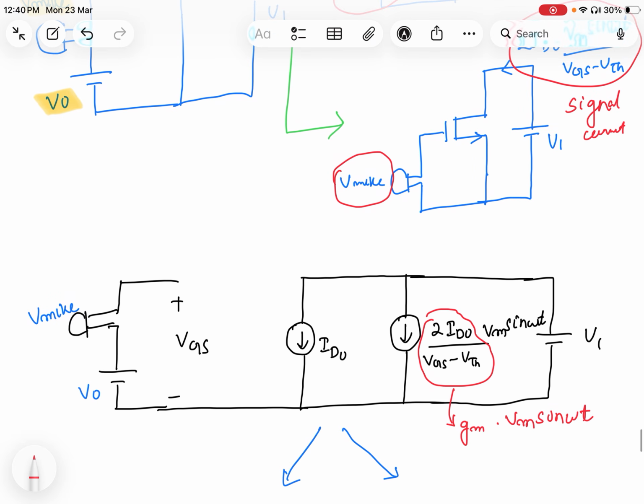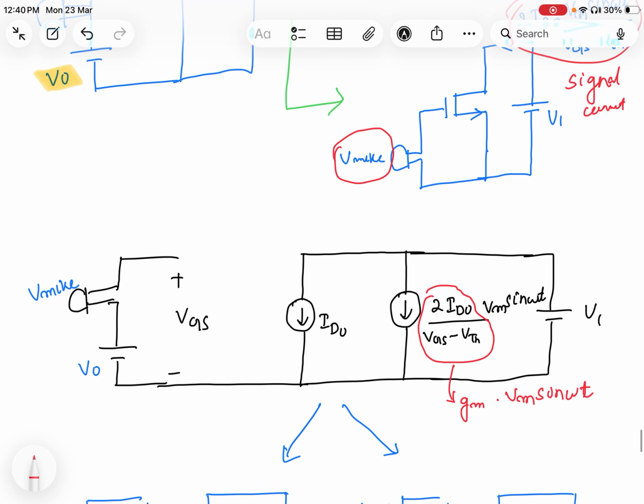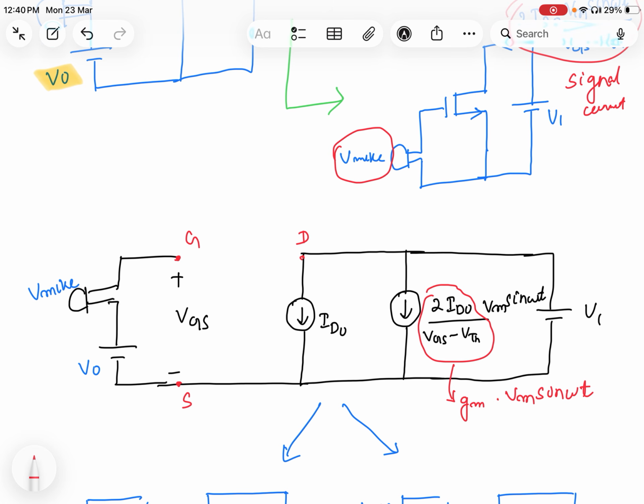Now I want to write this in this format. You can see here, this terminal is your gate, this terminal is your source, and this terminal is your drain.